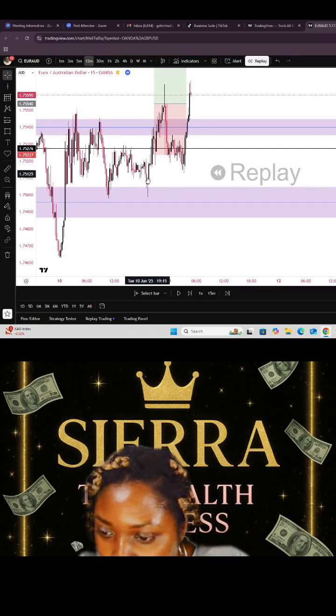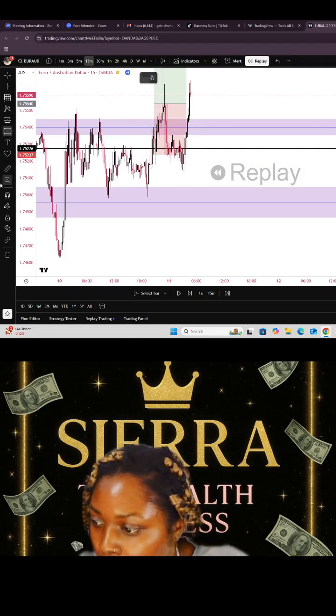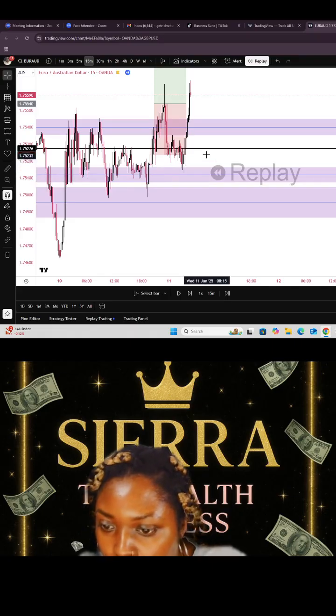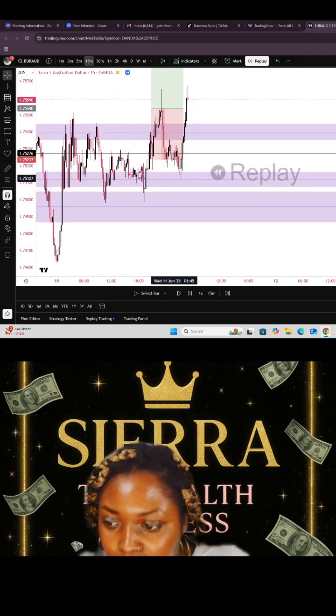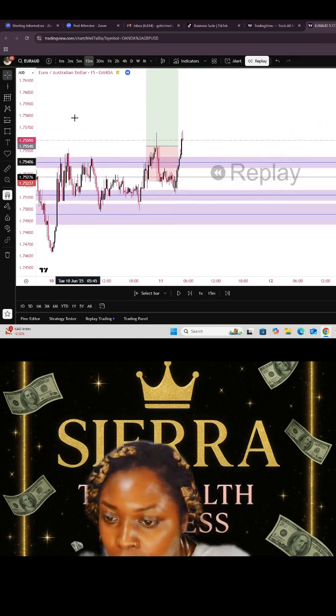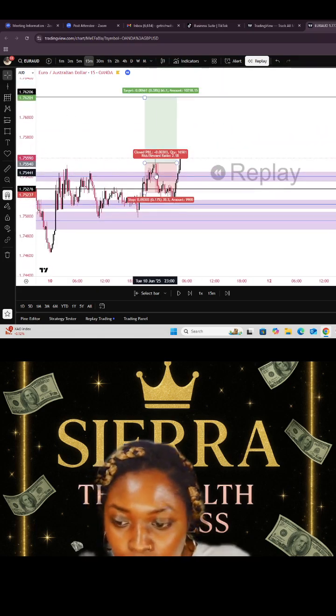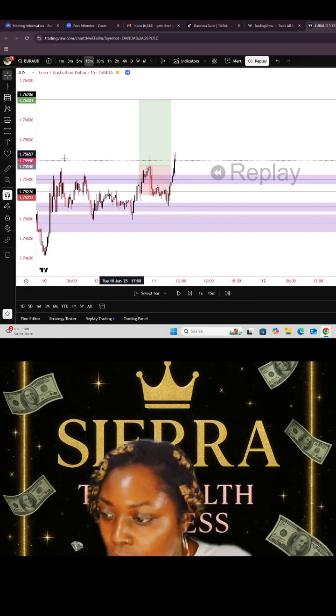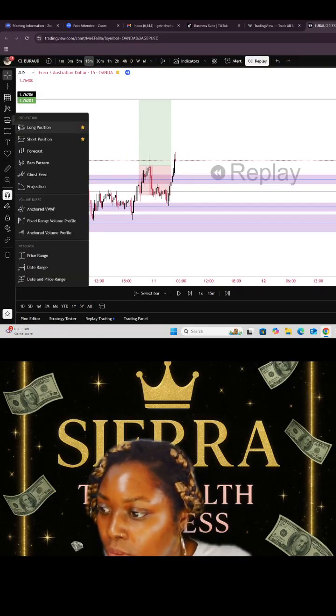Price came back into this fair value gap here. See that? Tested this area again, okay? So now we lost this 30, but it tested. It's letting us know this is ready to go.